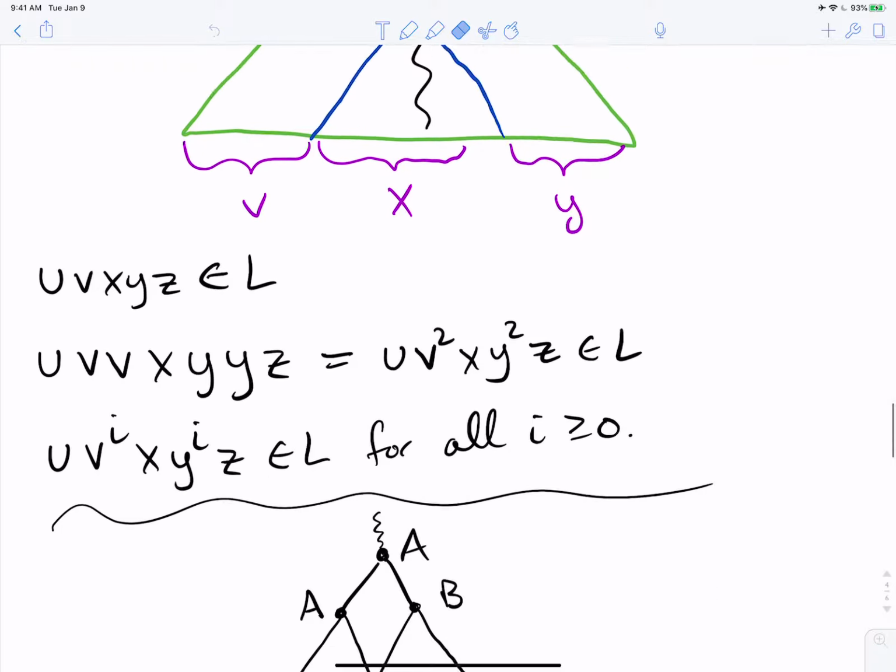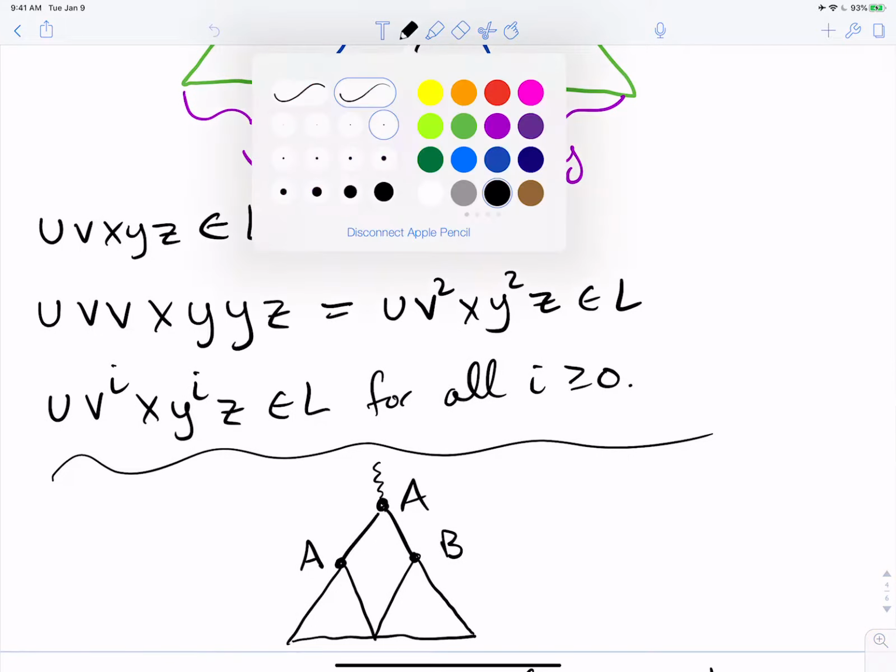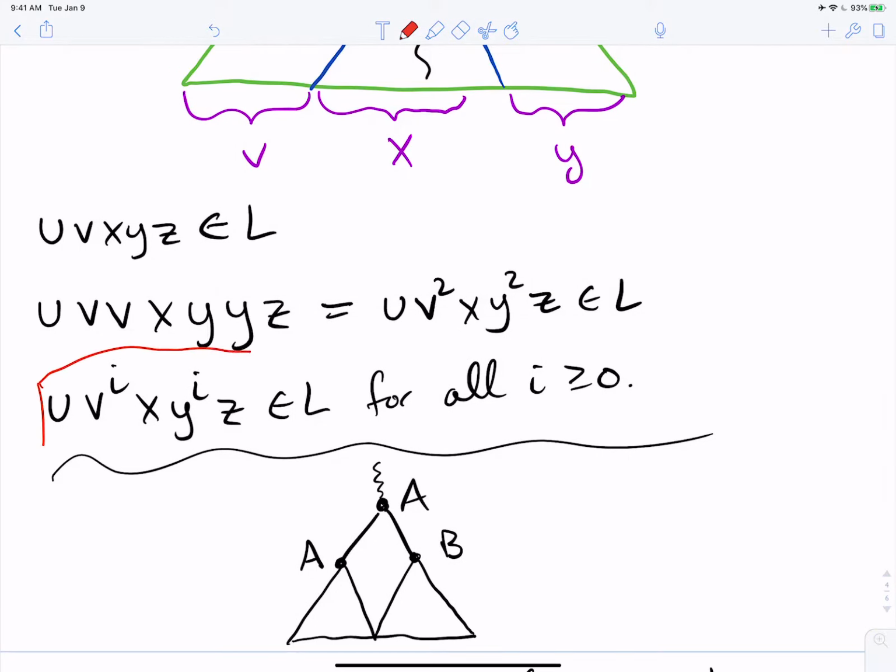So if I have some decomposition of this form, and I repeat some number of occurrences of v and the same number for y, then that will always stay in the language. So there's some decomposition into those 5 parts, such that if you pump the second and the fourth piece, you will always stay in the language.